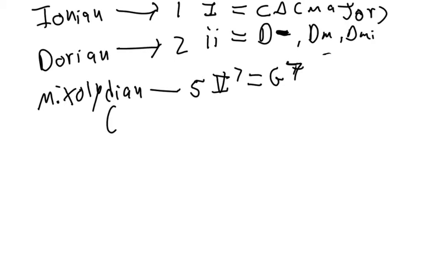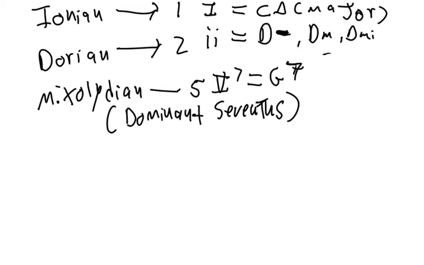Mixolydians might be called dominant, or dominant 7ths. They might also be called a 5 chord, and that would probably end up being written with a Roman numeral 5 chords, and you might also just call them Mixolydians. So I'll throw those terms around interchangeably.